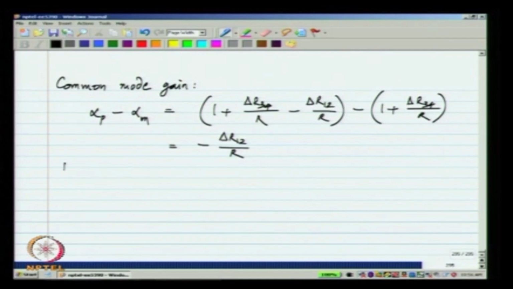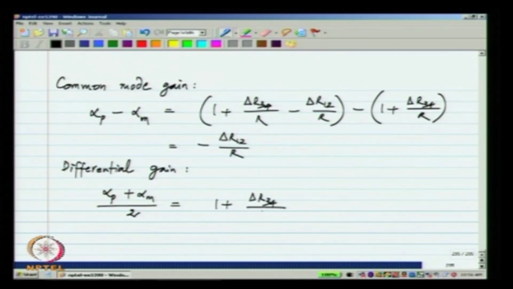And the differential gain, which is alpha p plus alpha m divided by 2. This is the number that multiplies Vp minus Vm, and that is equal to 1 plus delta R34 by R minus 1 by 2 delta R12 divided by R. Now, it is quite close to 1, it is different because of the resistor mismatch, but right now we are interested in the effect of the common mode.